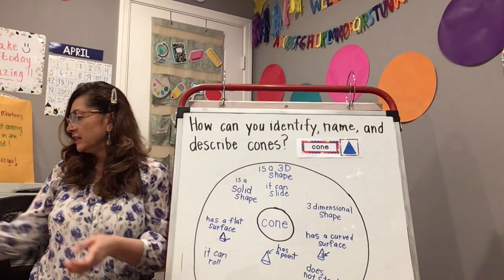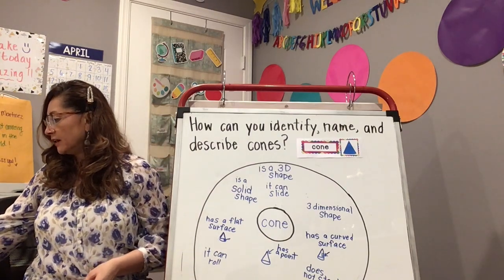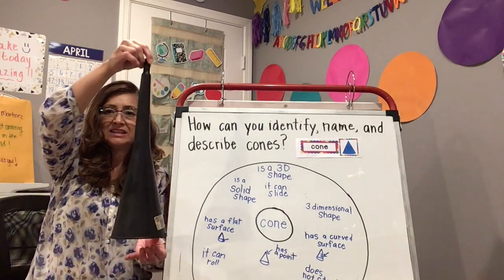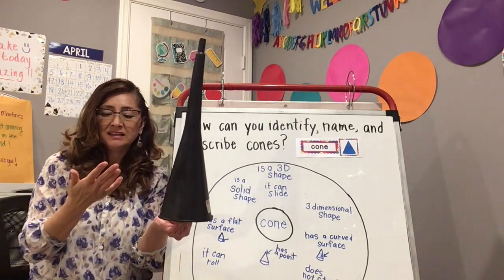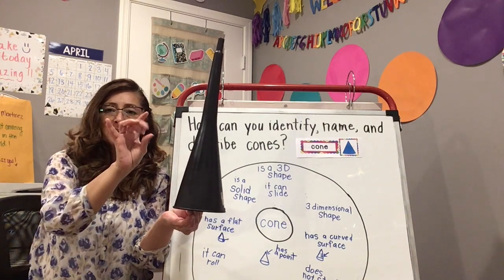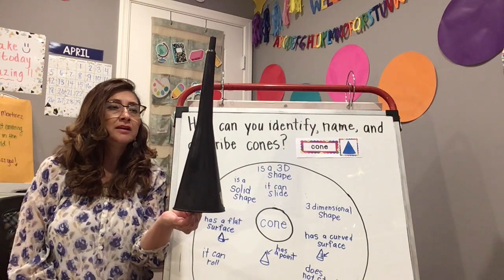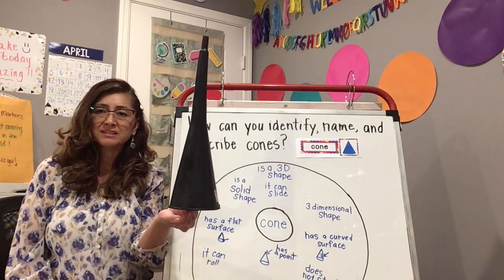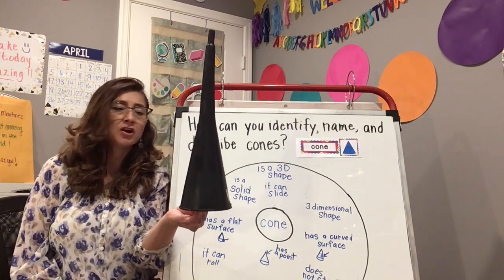Very good. Now, I also found this item. I have to handle it with the edge of my fingers, because this, boys and girls, is something my husband uses when he is working on the car.